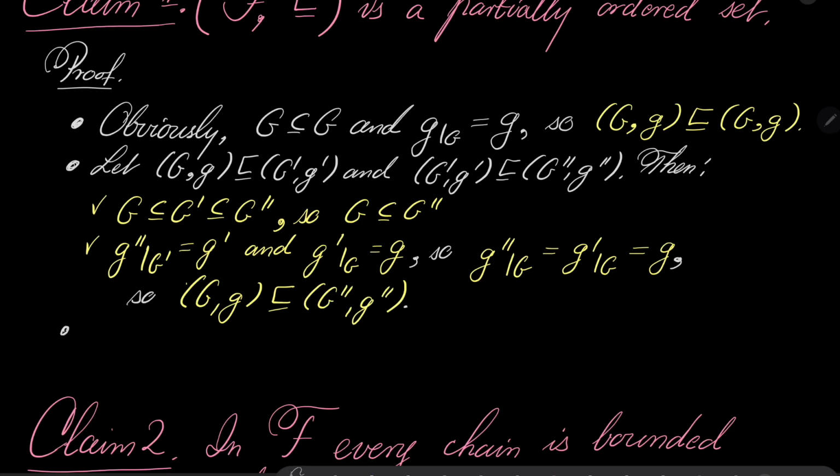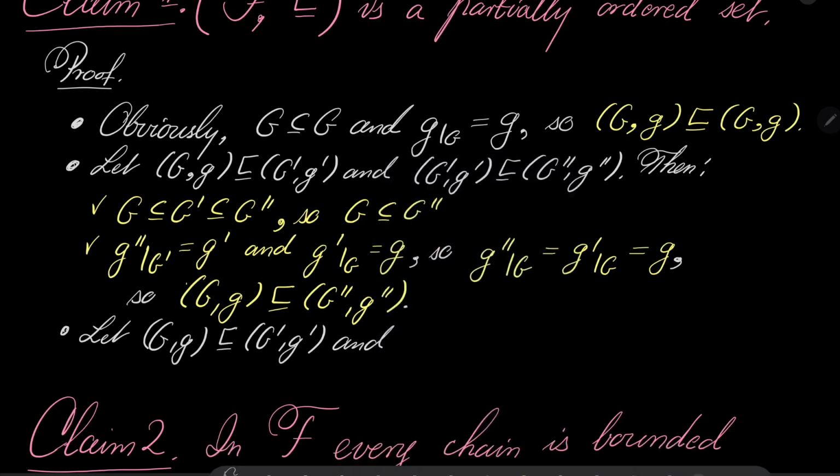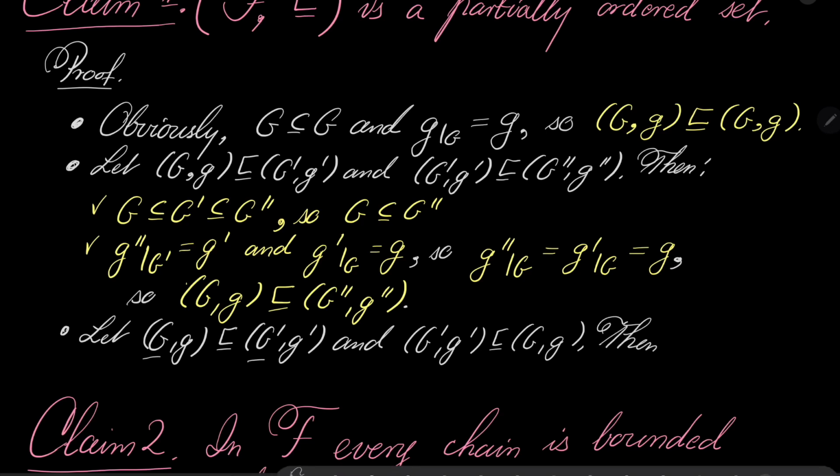And moreover, let's suppose that G is in relation with G prime, and let's suppose that it is also the other way around. Well, then, what do we have? Notice that since G is a subset of G prime, but also G prime is a subset of G, then G equals G prime. So our domains of our functions are the same.